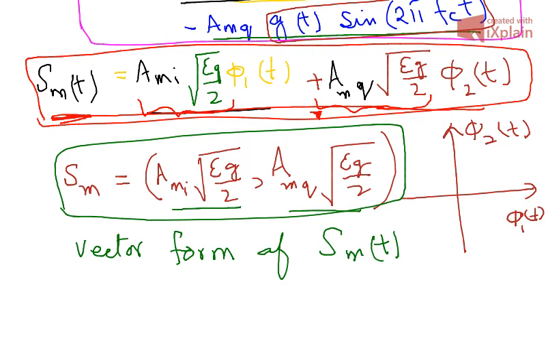You can represent this quadrature amplitude modulated signal as a single point now, and this single point has these coordinates.